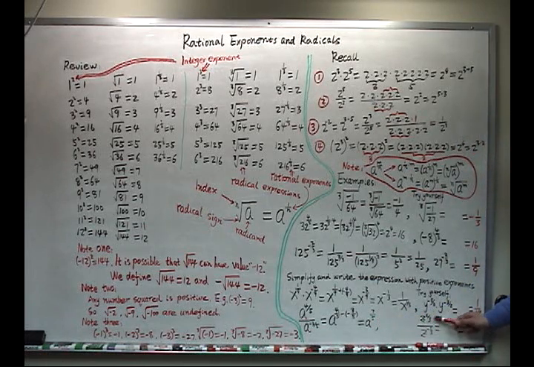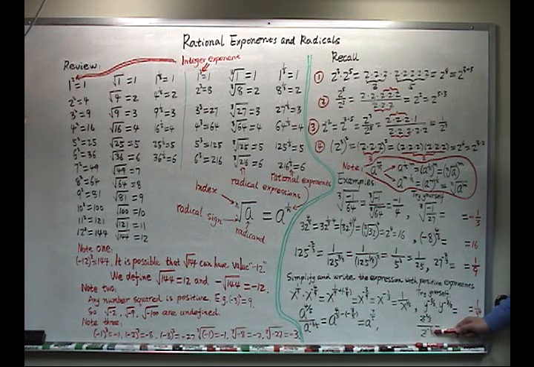Try this one yourself. It says z to the 2/3 divided by z to the negative 1/3. You do subtraction for exponents. That's 2/3 minus negative 1/3.